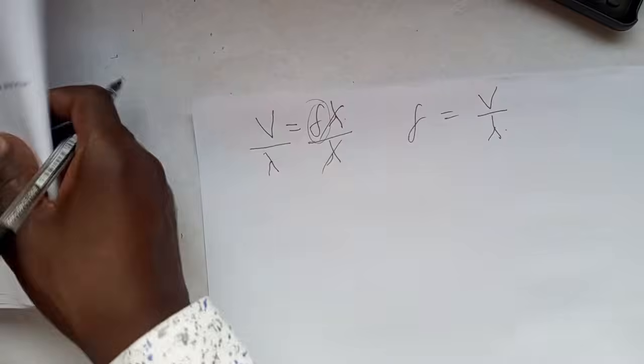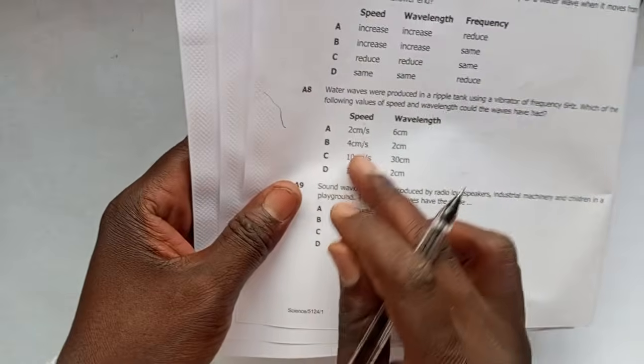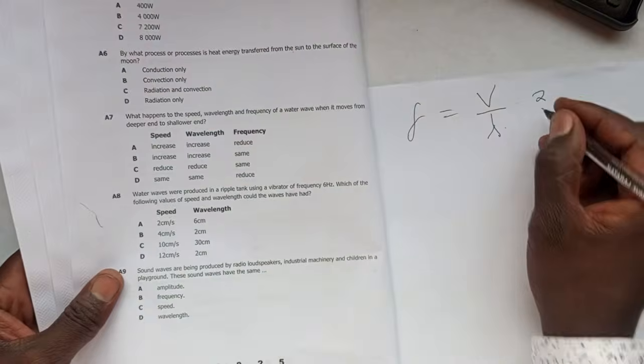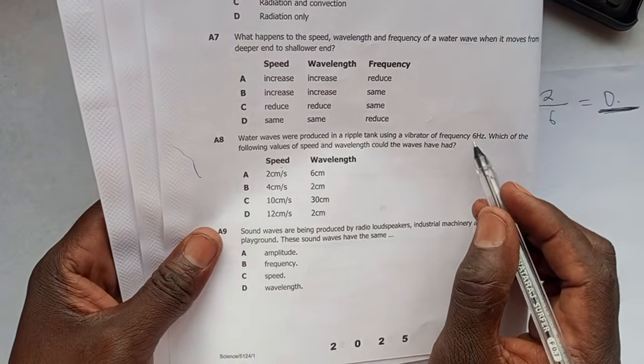So we start with the ones which are here. Speed is 2 centimeters per second. This is what we are going to use, because those are the units that have been given. So divided by 6, what are we getting? It will be 0. Now, at this point, you can even stop the calculation, because you know that the frequency is not 6 Hz.